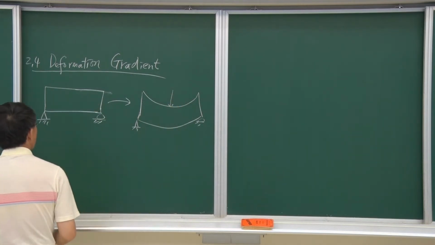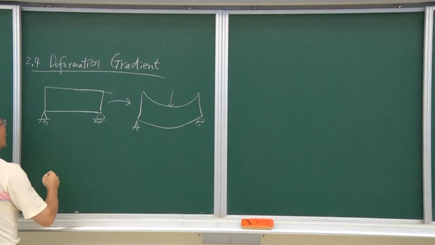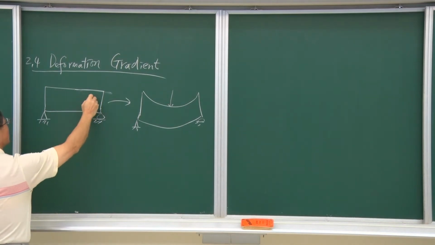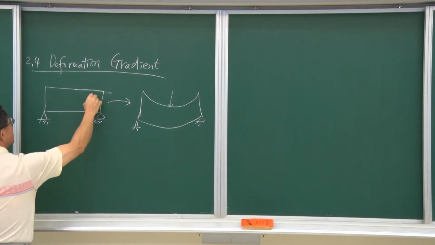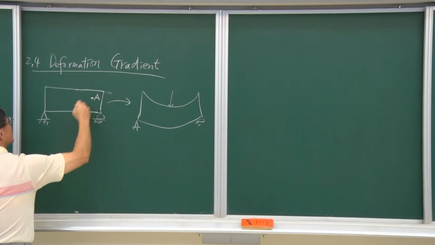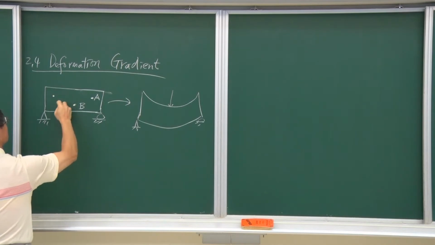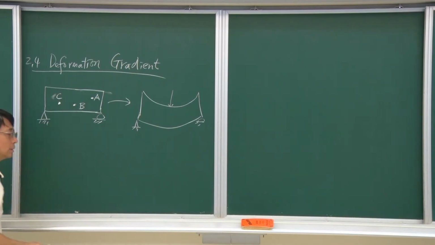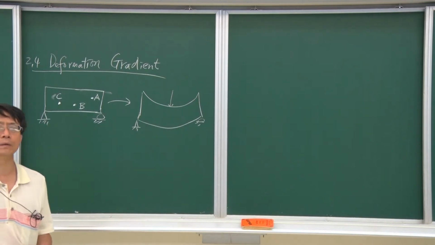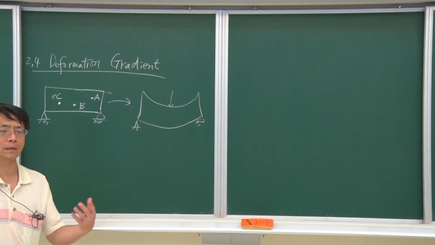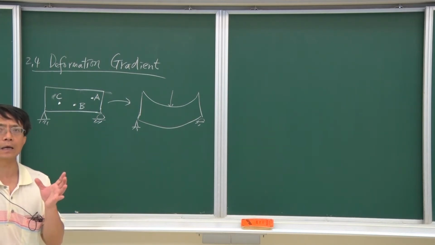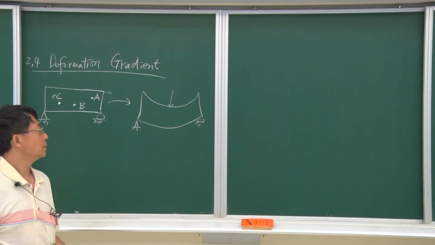Okay, and then inside every point, for example, point A, point B, point C. See, there are a lot of material points. In fact, infinitely many inside a beam. Okay.